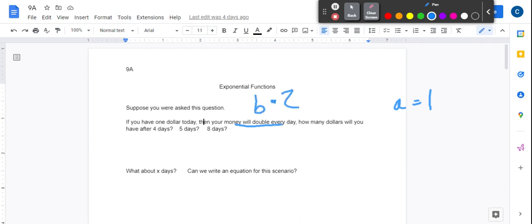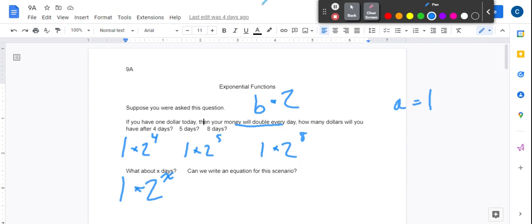So after 4 days, it would be 1 times 2 to the fourth power. 5 days would be 1 times 2 to the fifth power. 8 days would be 1 times 2 to the eighth power, if our money doubles every day. For x days, it would be $1 times 2 to the x power.